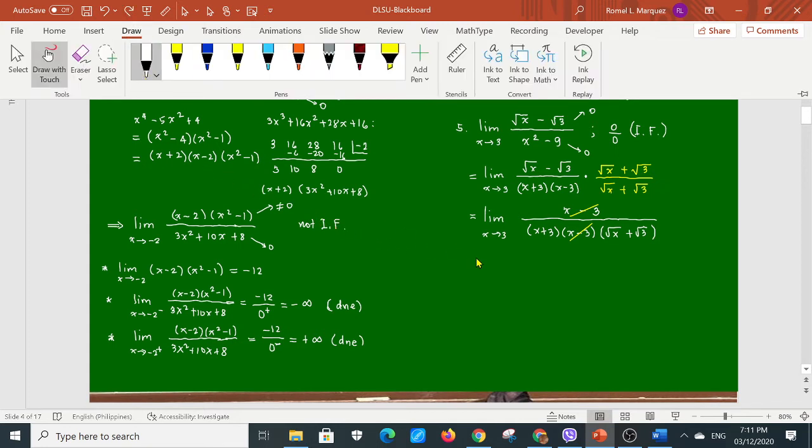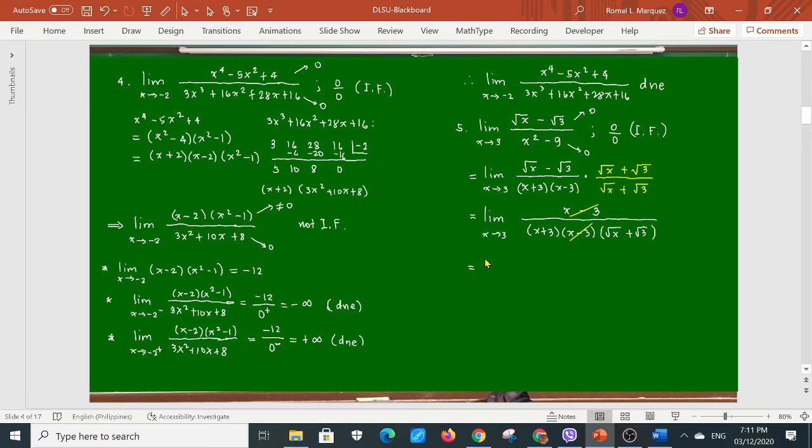I can now evaluate the limit immediately after removal. But let's rewrite it: 1 over x plus 3 times the square root of x plus the square root of 3.